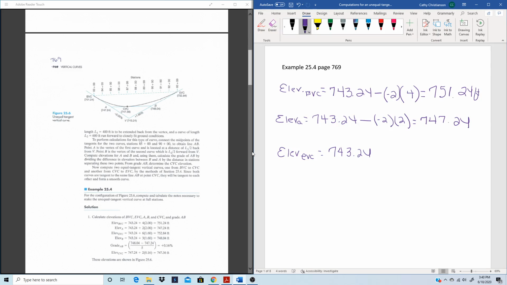You'll always do a plus when you're trying to calculate the end elevation, and always keep your signs, the math will work out.